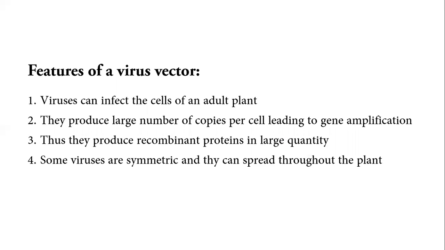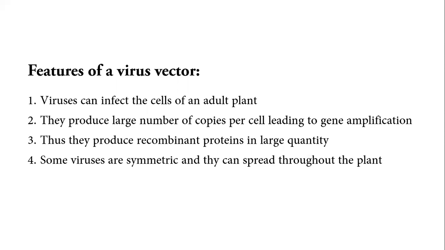Otherwise, in the case of agrobacterium mediated infection, only some portions of the plant are infected, and we have to select those portions that are transfected by the foreign gene. There may be some reporter gene assay by which we select only those portions which have gained the foreign gene by agrobacterium mediated gene transfer. But this selection is not necessary when we use the virus as the vector.